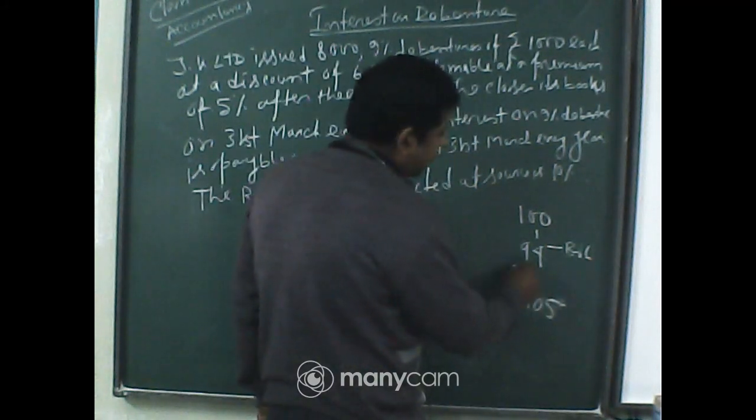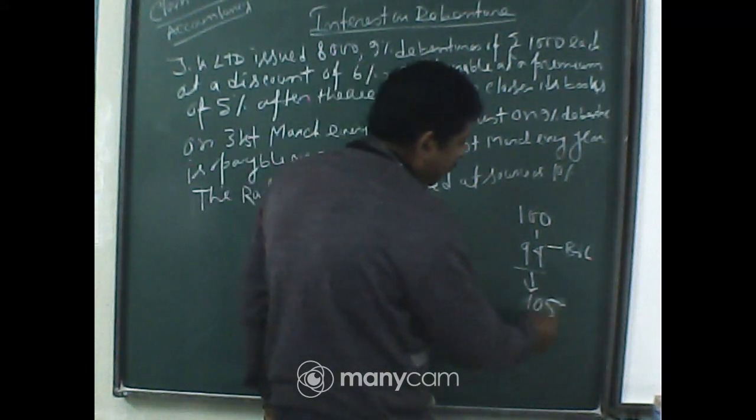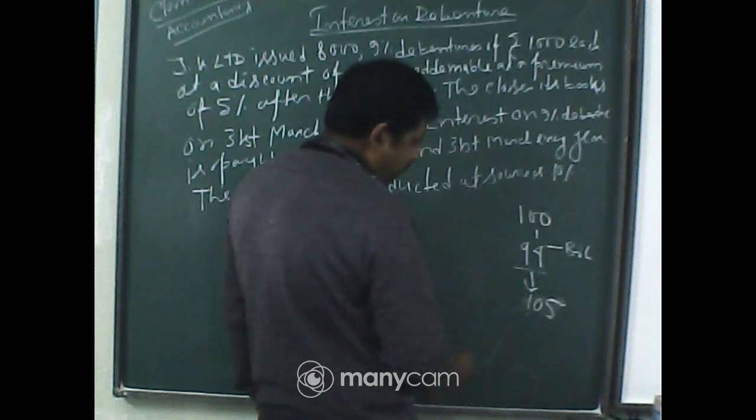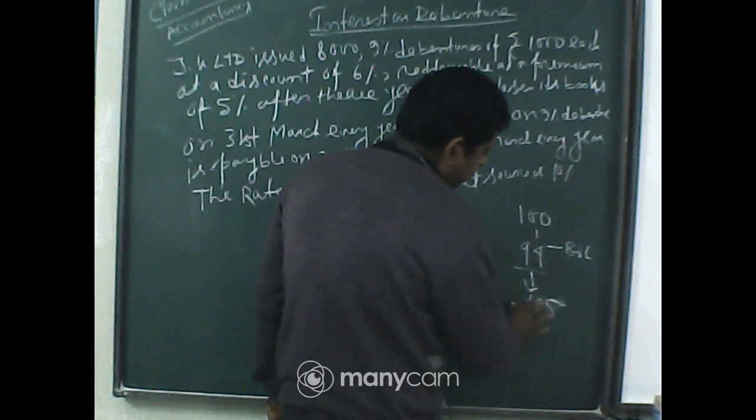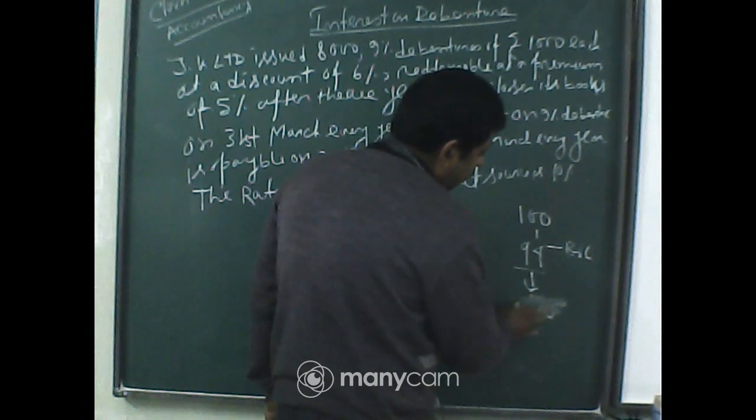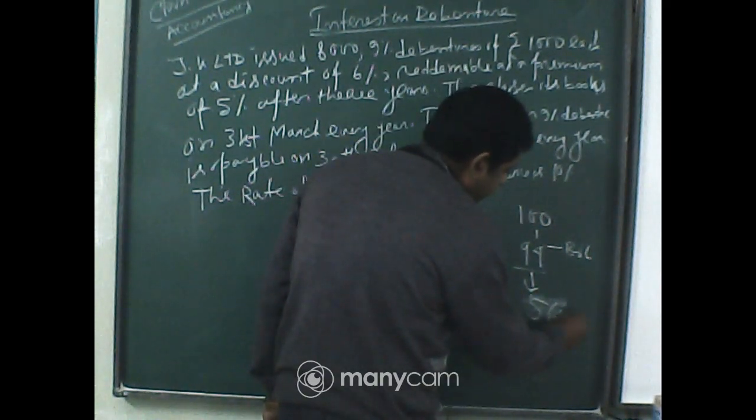So you just take it now 94 rupees, but again we pay 105 rupees, that is 5 rupees we pay again later to you. Okay, so this 5 rupees is also a loss.